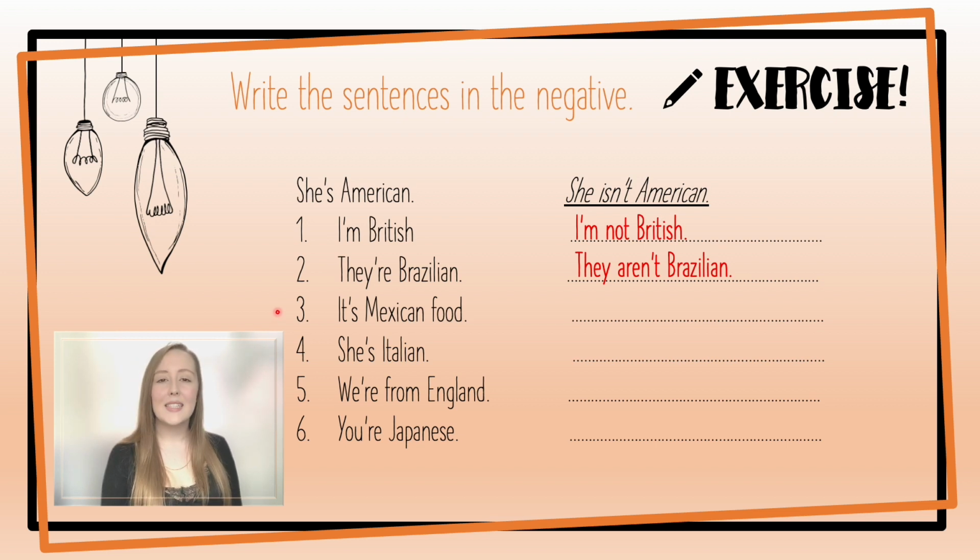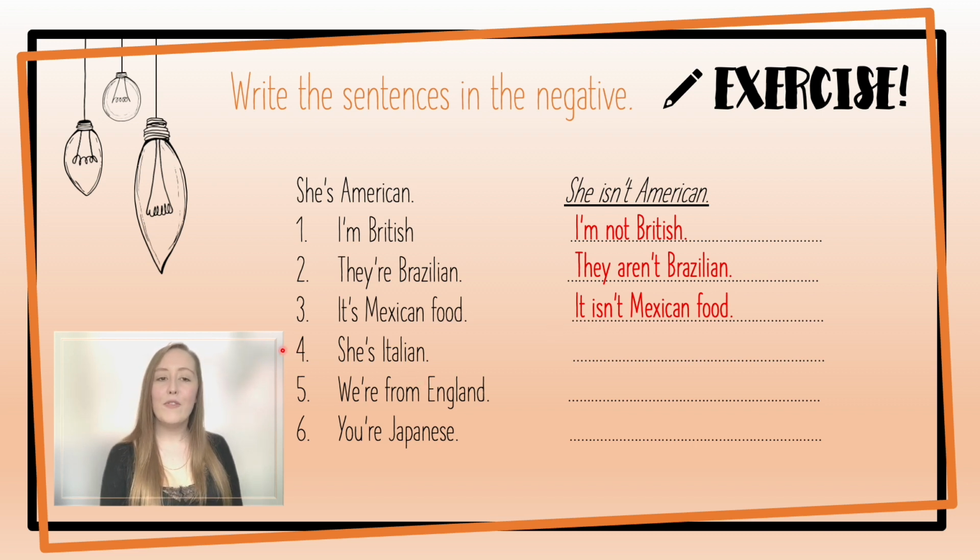How do we make this into the negative form? Good, well done. It isn't Mexican food. Excellent. So we have the contraction between the verb to be and not. It isn't Mexican food. Good, well done.